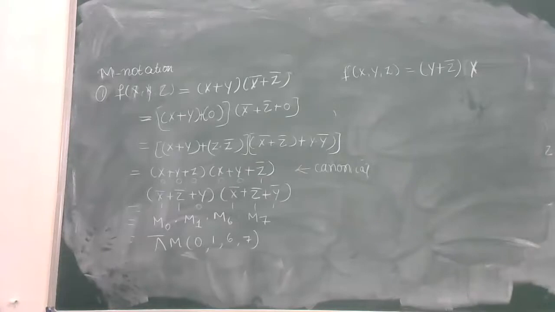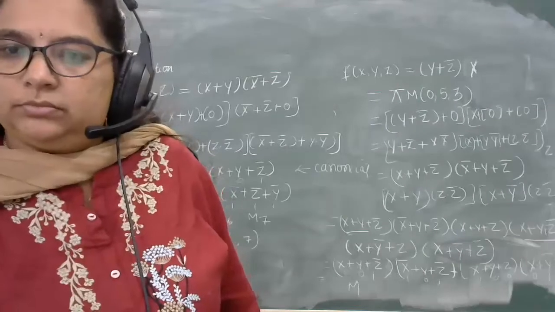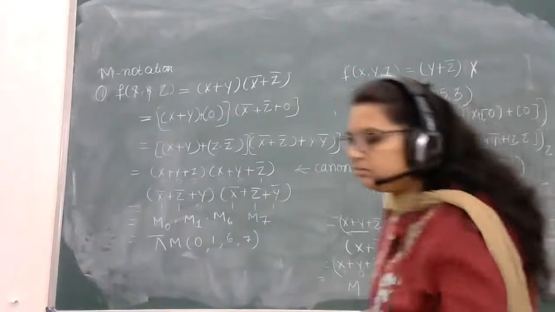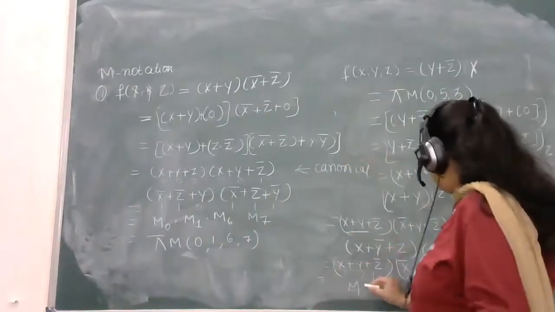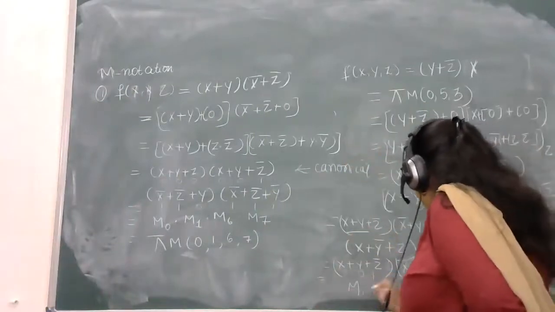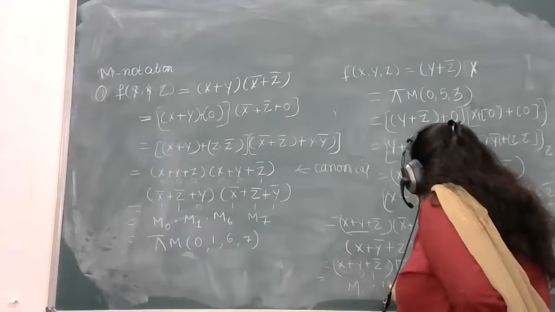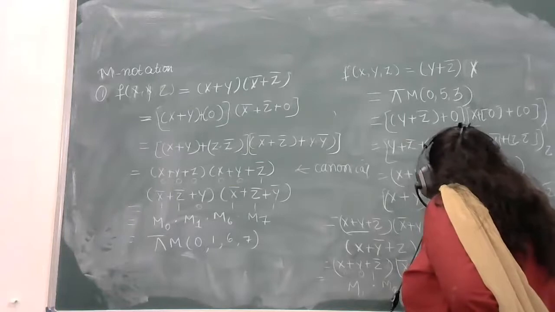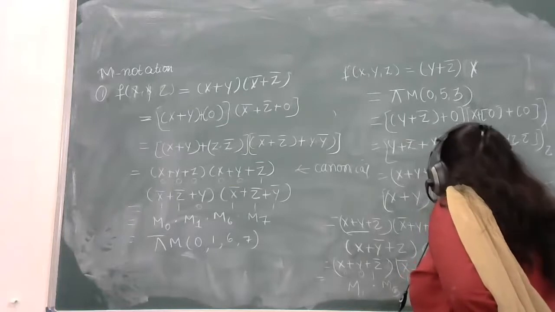Now find out the m notation for this particular expression. It is sigma. So what happens to my expression? It is nothing but m1 into m6, sorry, m5 into m0 into m3.